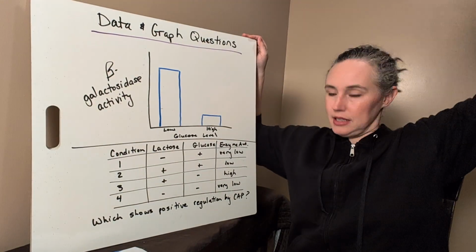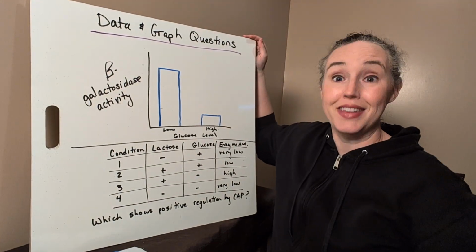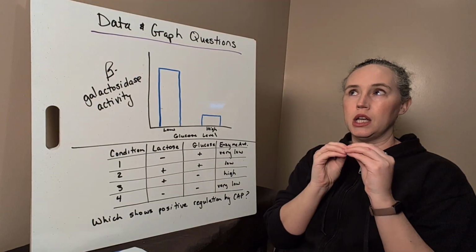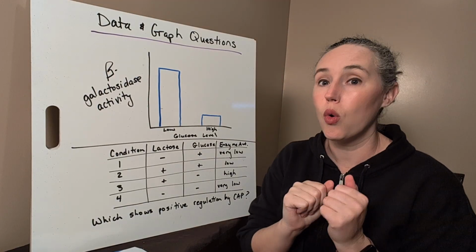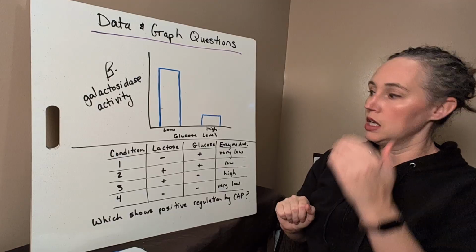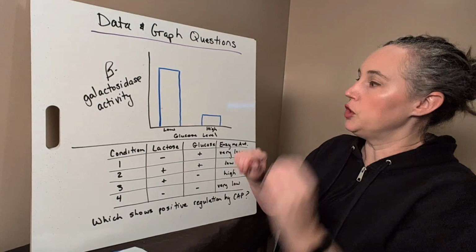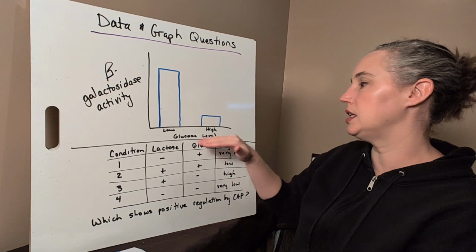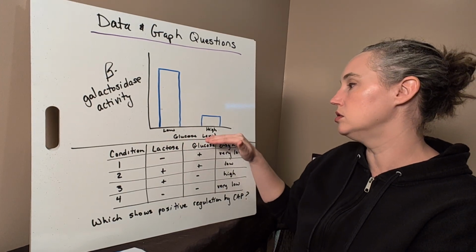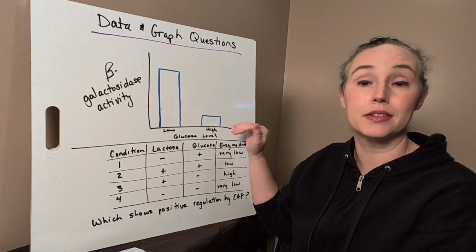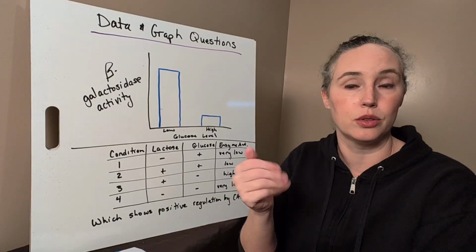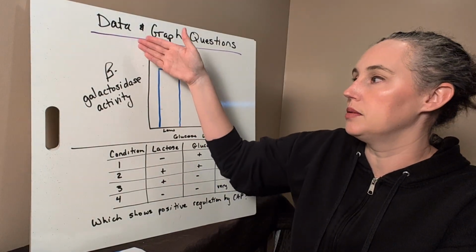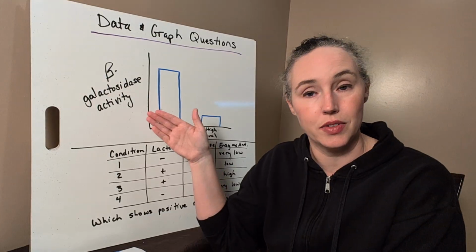So, next. These types of questions, graph and data questions, can be found in FRQs or in multiple choice questions. You may see a graph like this, where you see glucose level low or high, or it could be lactose level. It depends. And then what's the resulting beta-galactosidase activity?